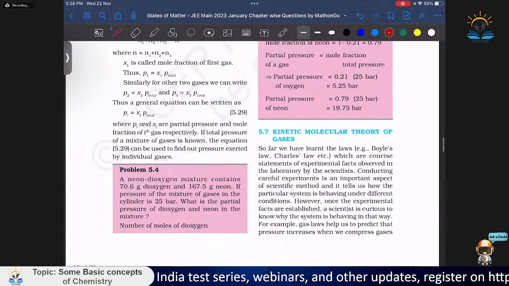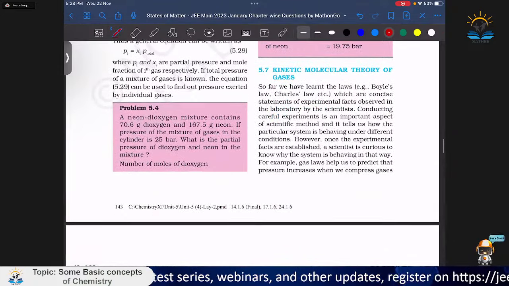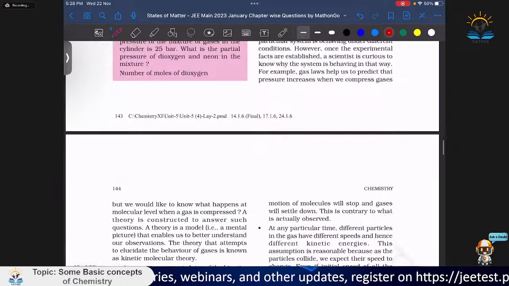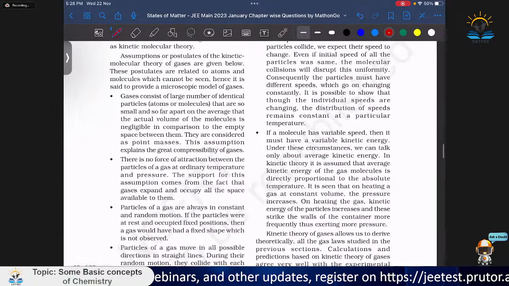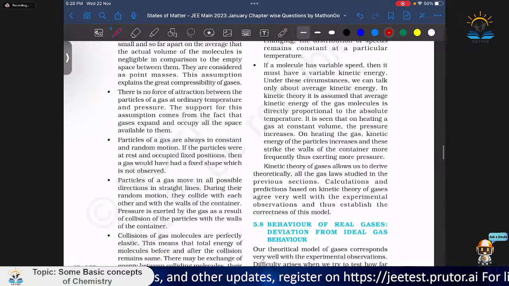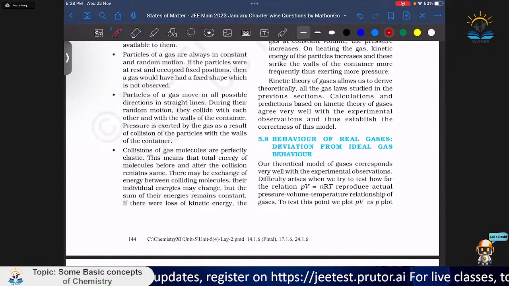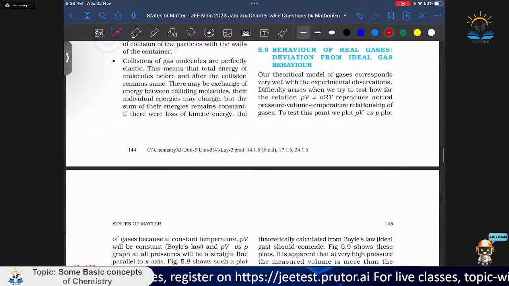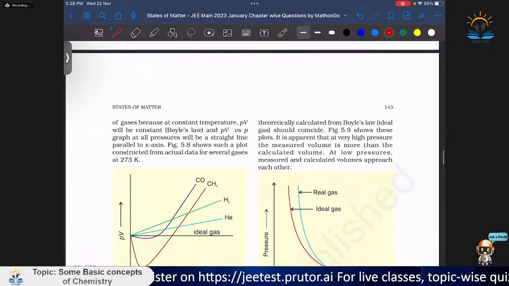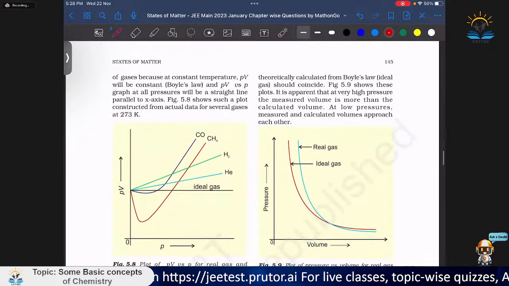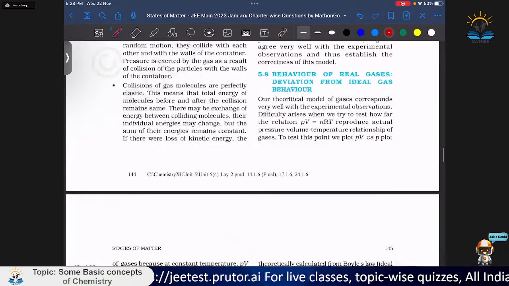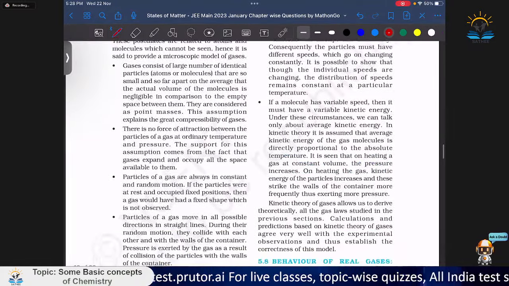Okay, next we move to the kinetic molecular theory of gases. There are assumptions and then there are theories which explain why real gases deviate from ideal gas behavior. So here we need to remember what assumptions we have taken.